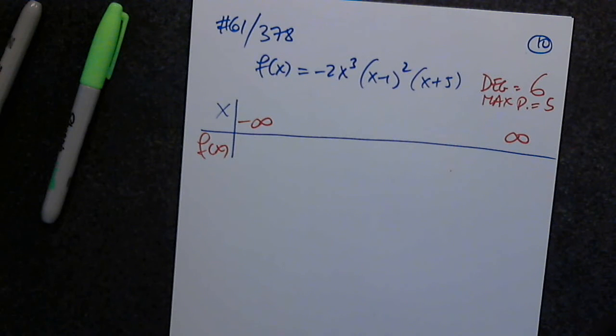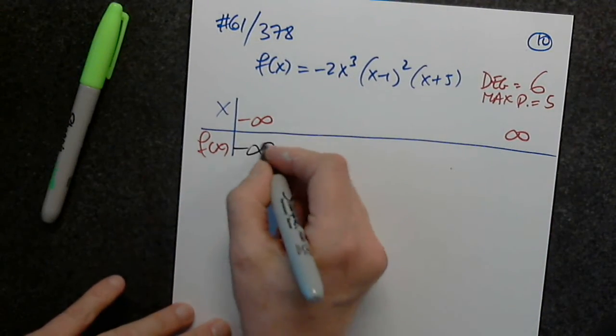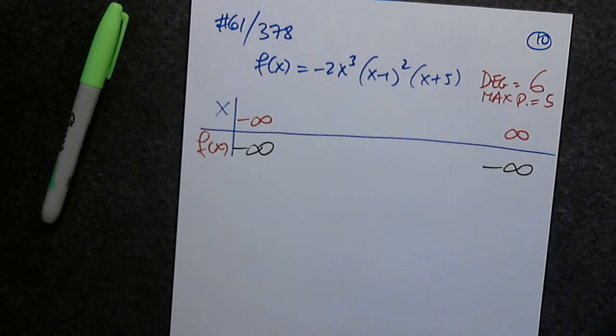There are 2 options for degree 6, but it all depends on the leading coefficient. So is it this or is it this? Second one, because the leading coefficient is negative, so the end behavior is negative infinity to negative infinity.